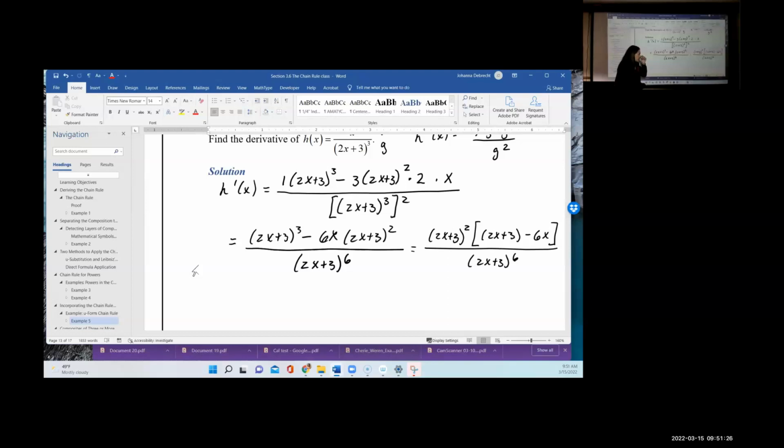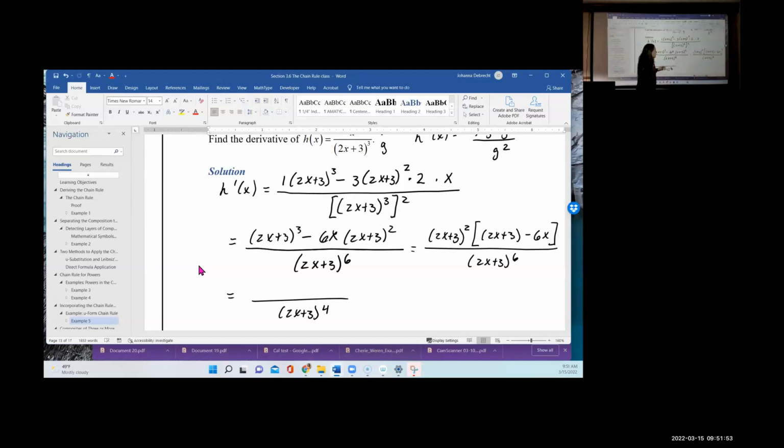All right, the next thing you want to do is reduce. Now that you have buried your addition and subtraction all in parentheses, you can reduce. I have 2 of the factors on top and 6 on bottom. So that cancels 2 of the ones in the denominator and leaves me with 4 in the denominator. So that leaves me with (2x + 3) quantity to the 4th.